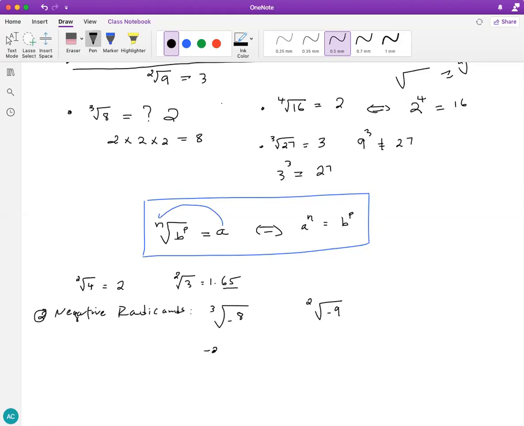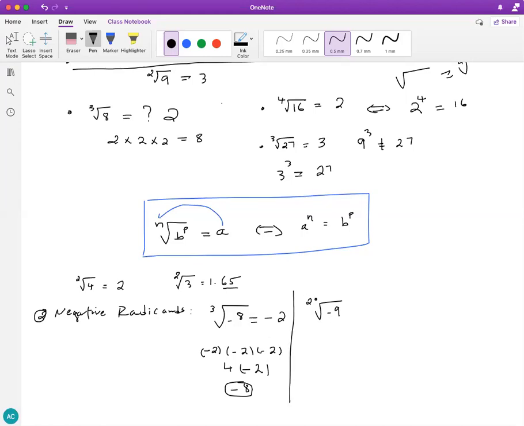If you take -2 and times it by itself 3 times, let's see if we get exactly -8. So this is 4 times -2. That's in fact -8. That checks. So the number is -2. You can always check it out by taking this, raising this power, and see if it works or not.